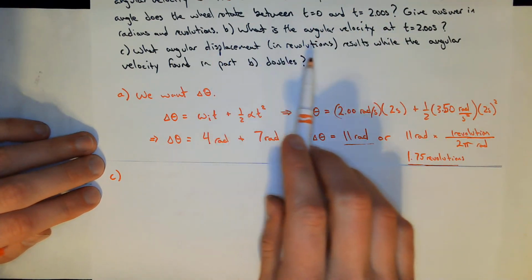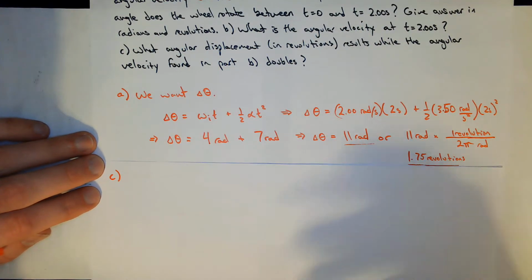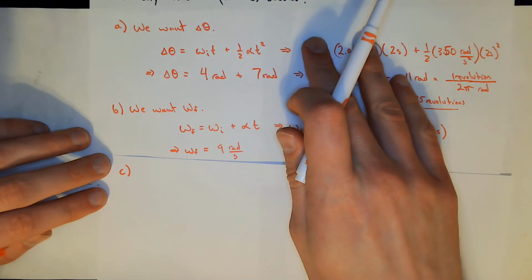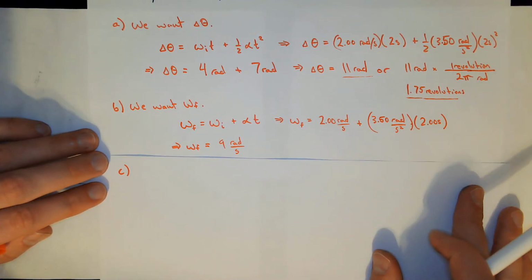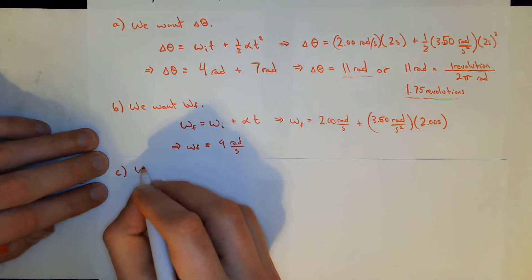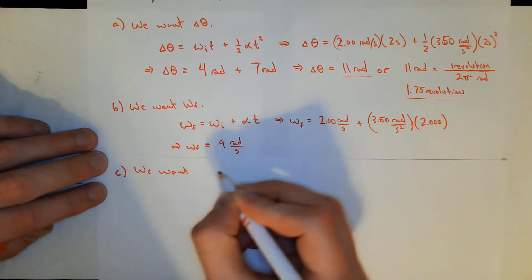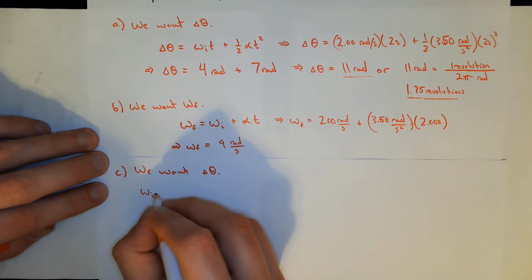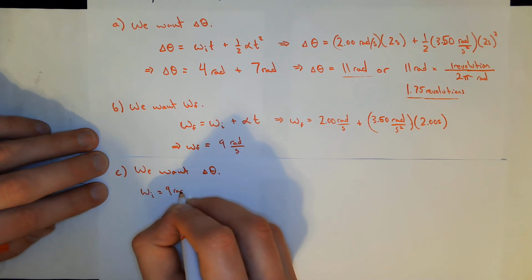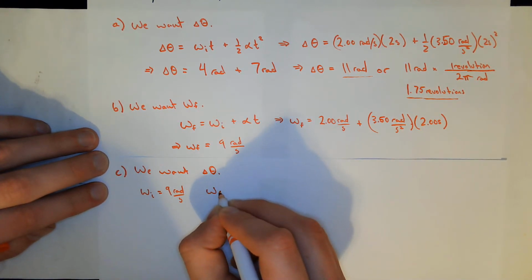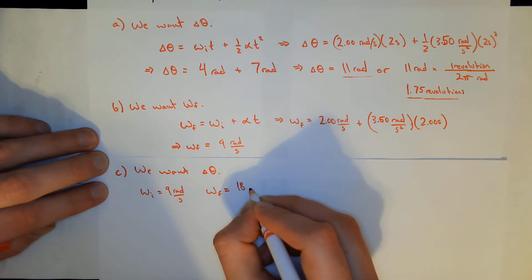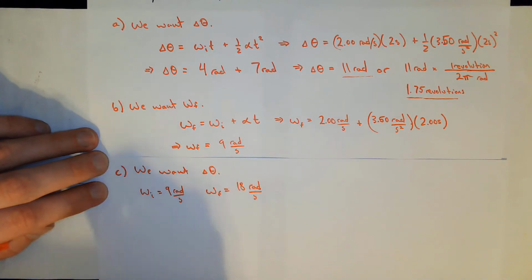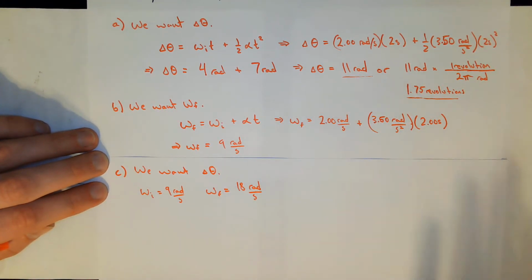They're asking what angular displacement happens while it's speeding up to 18 radians per second. So we want an angular displacement. We're going to set omega initial to be 9 radians per second, and then omega final to be double that. It's speeding up that much because of the acceleration, right?